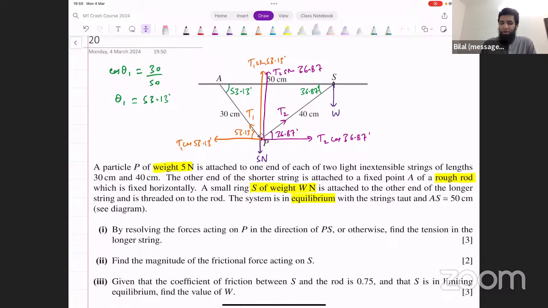We can equate the forces acting towards the left side to the forces acting towards the right side. T1 cos 53.13 equals T2 cos 36.87. That's one equation. And the other equation could be T1 sine 53.13 plus T2 sine 36.87 equals 5 Newton. These could be two equations that we could make here and then solve them simultaneously to find the value of T2. That is one idea.